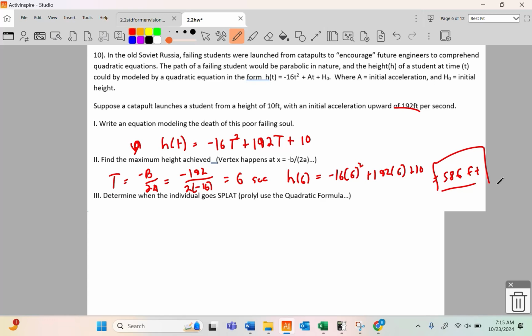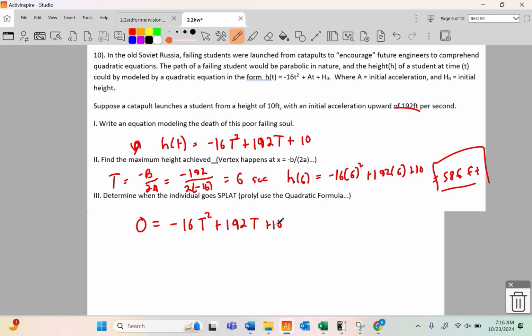The term for when the individual goes splat says you're probably going to use the quadratic formula. You're going to go splat whenever you hit the ground. And this kid was up there. This student, this could have been like a college kid. Anyways, this individual is going to go splat.